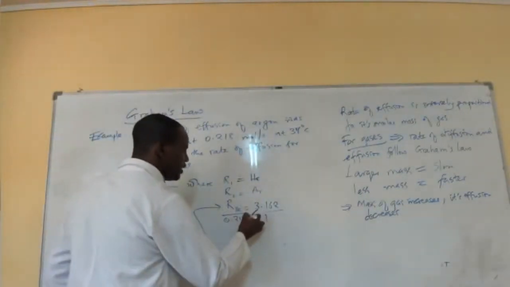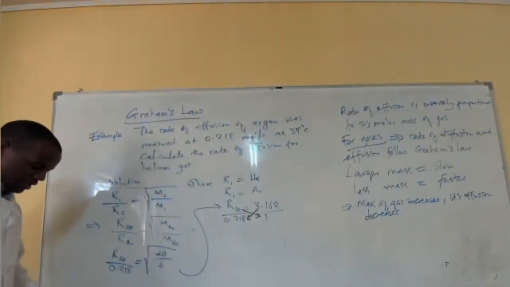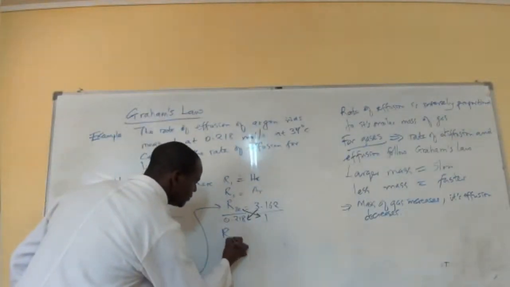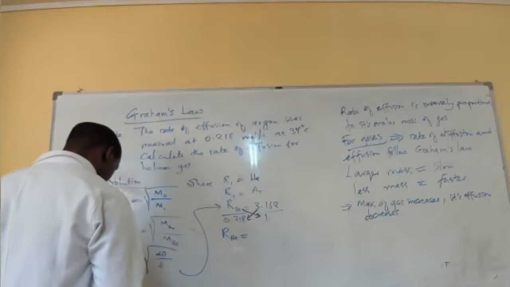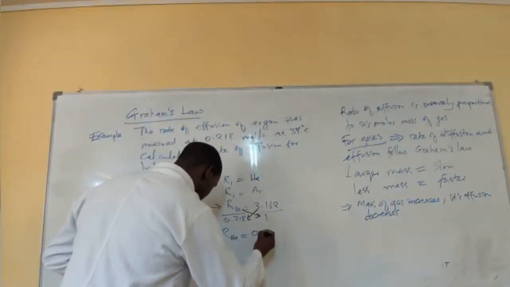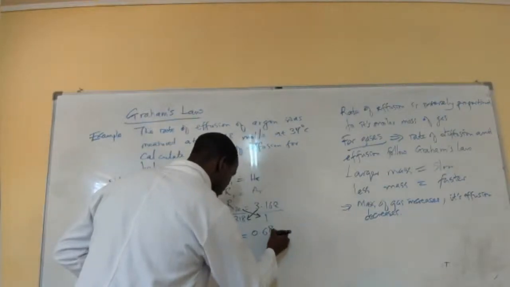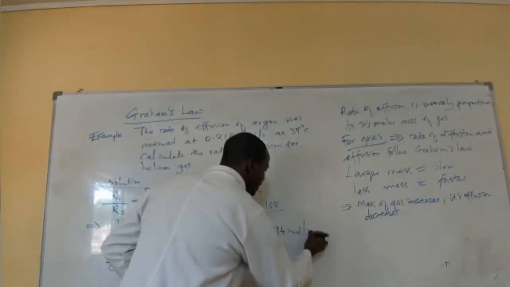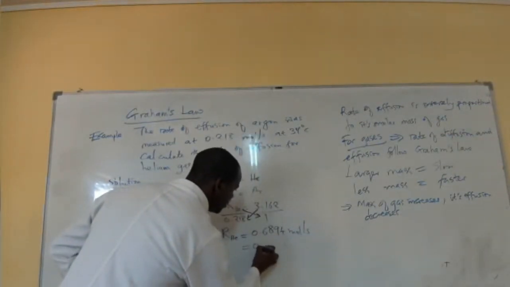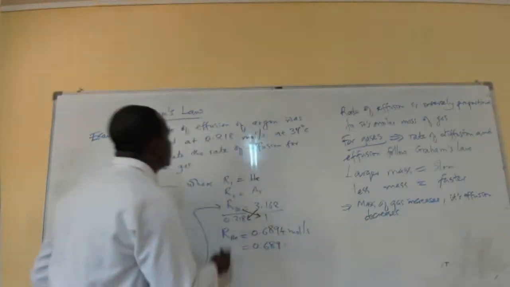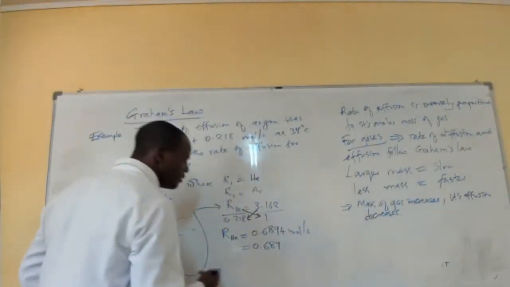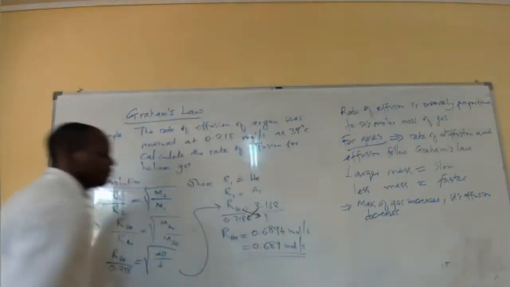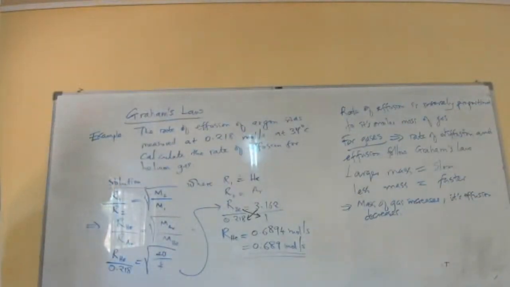If we cross multiply, what we are going to have is rate of helium is equal to 0.6894 moles per second, which translates to about 0.689. We are given 3 decimal places here, so we can also report to 3 decimal places, moles per second. Okay, so that would be the rate of helium.